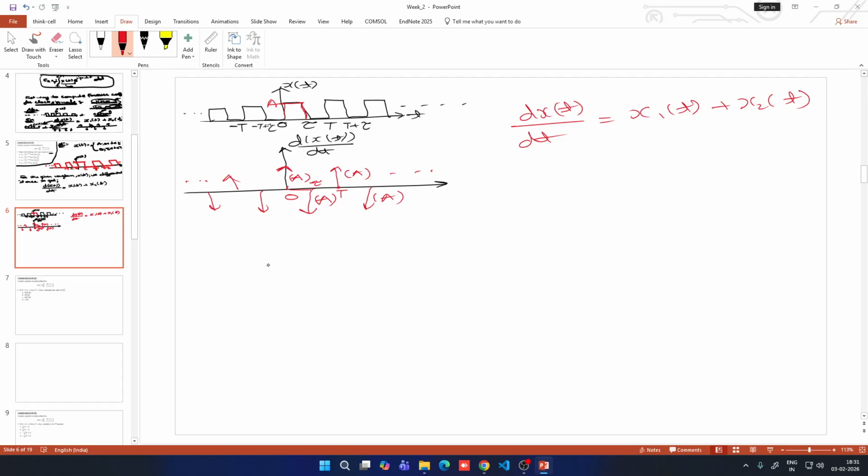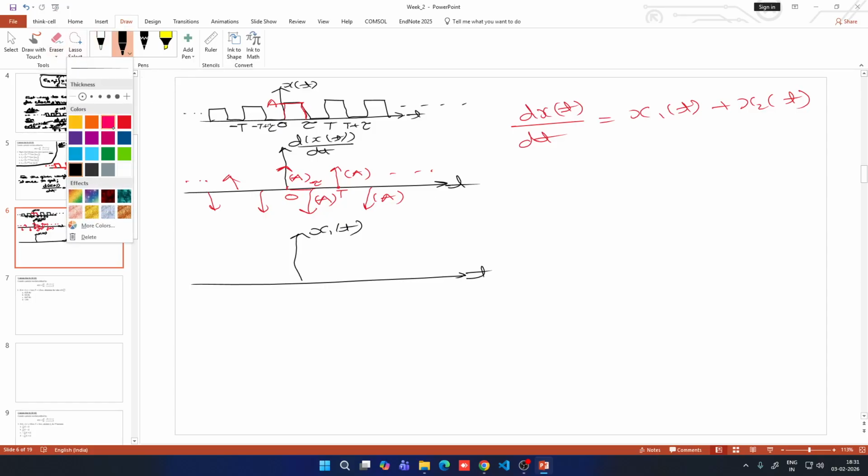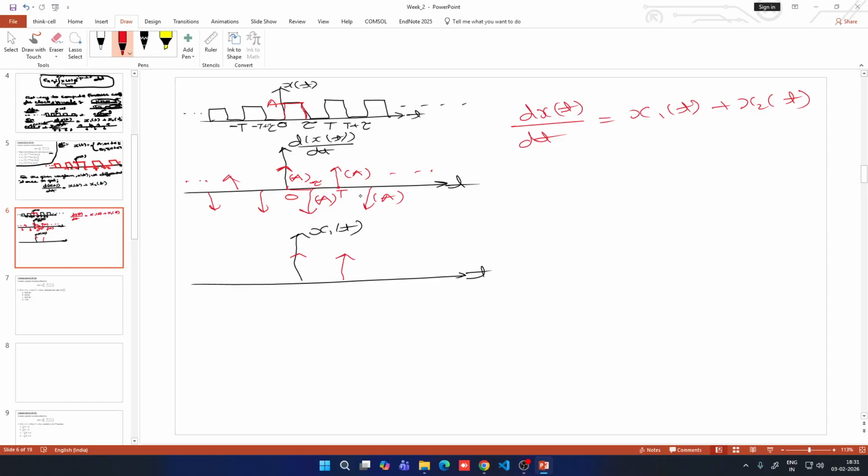So we can write this as x1 of t. x1 of t contains all the positive impulses: 0, t, minus t, and in brackets I am writing the amplitude a.